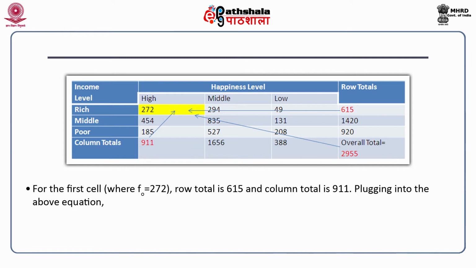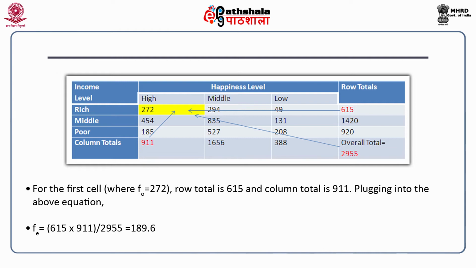It only matters what your column total and the row total are. So the column total for that cell is 911, towards the bottom. You have to multiply this number with the row total, that is 615, and now divide this, in parenthesis, by 2955 to get the final answer, which is 189.6.